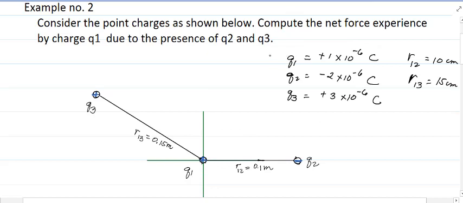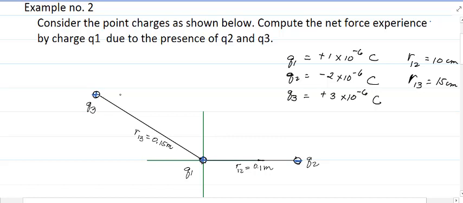Okay. So our problem: compute the net force experienced by charge 1 due to the presence of Q2 or charge 2 and charge 3.